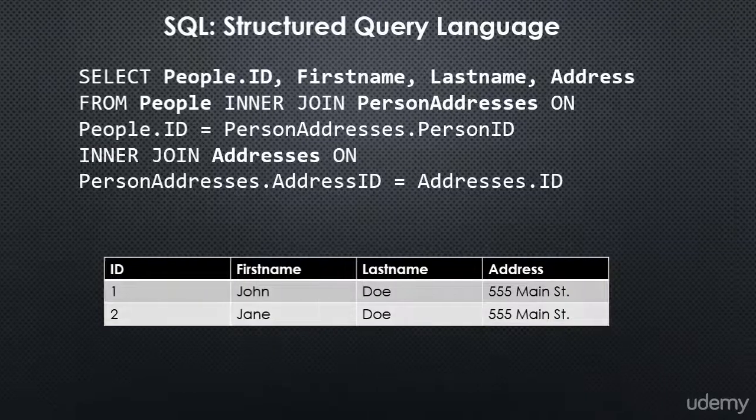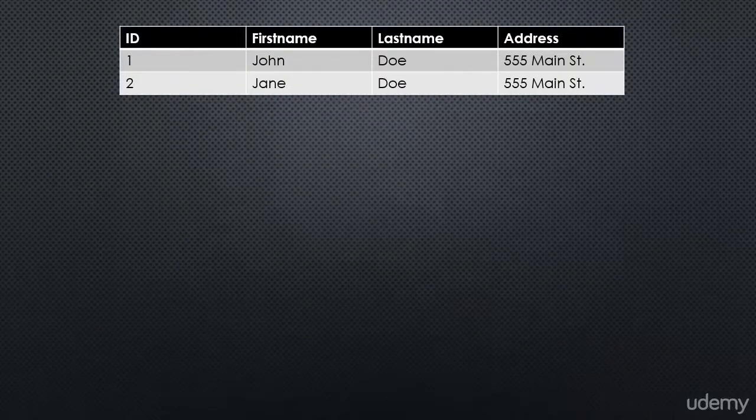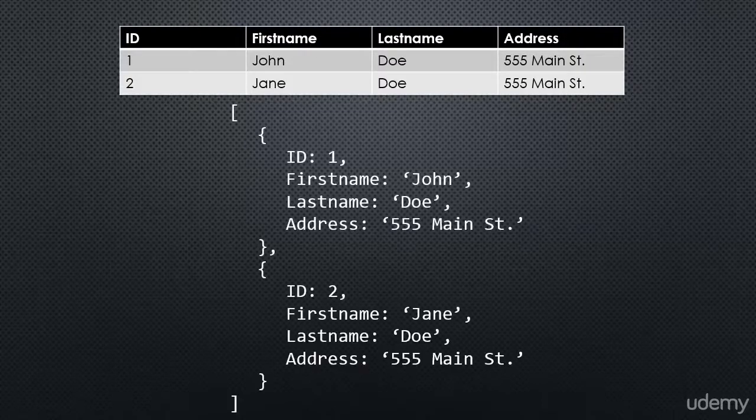Now here's the question. If this is my data, how do I deal with it in JavaScript? Well, JavaScript has a way of storing data. It's called objects. And so we can think of a table as an array. And then each item in the array is an object.